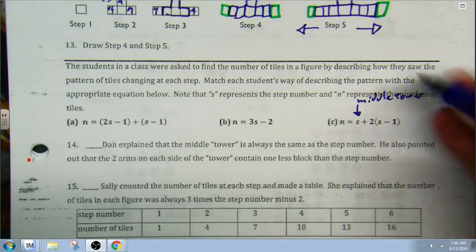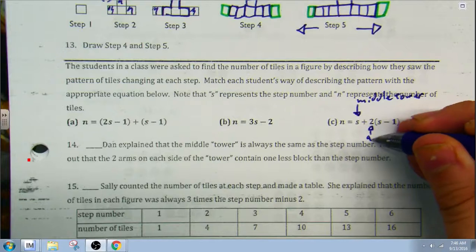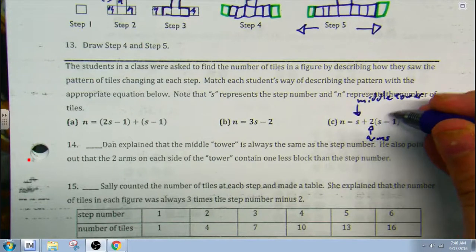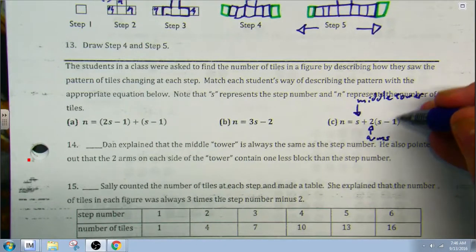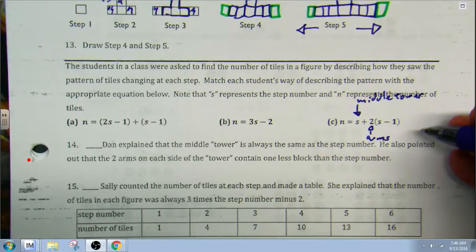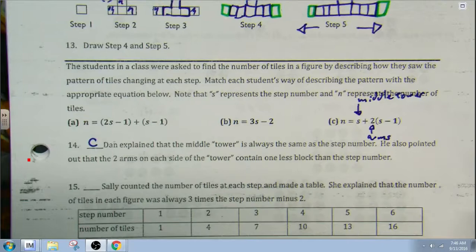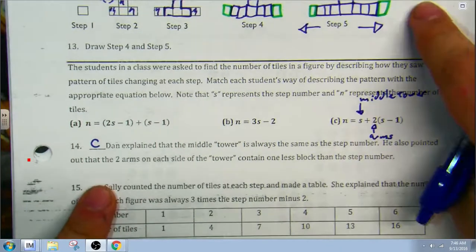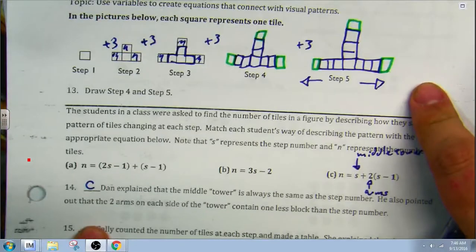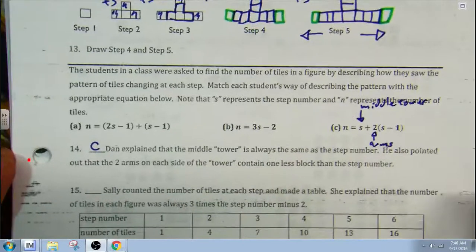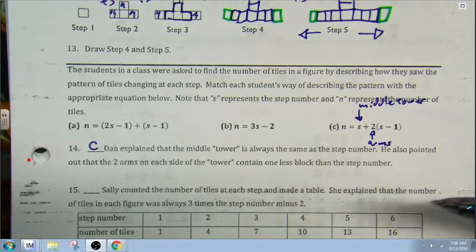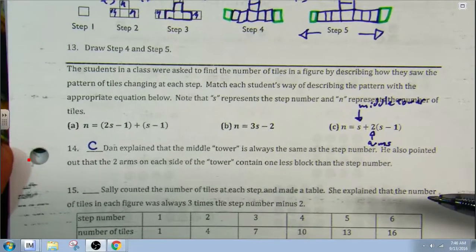So 2 right here is the arms. There's the step number, but there's 1 less block than the step number. And so we would say that this mathematical way of talking about our arms here is what Dan is talking about. And so you'll go through 15 and 16 and try to figure out exactly what's going on there.